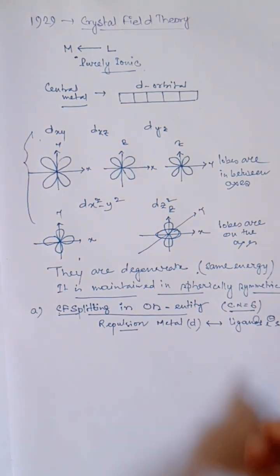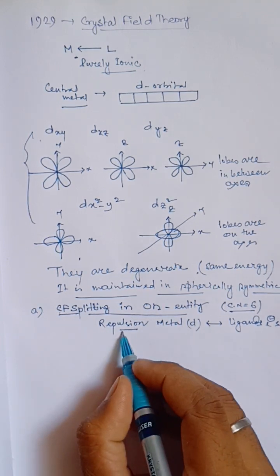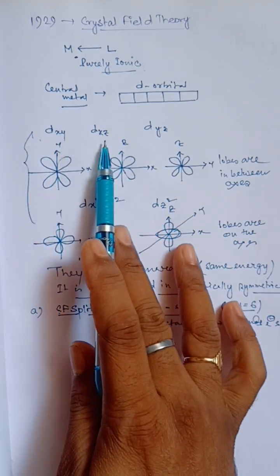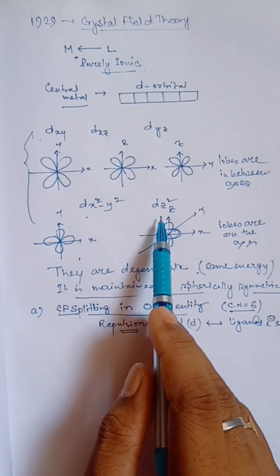Okay, and this repulsion occurs in dxy, dxz and dyz, as well as dx square minus y square and dz square.